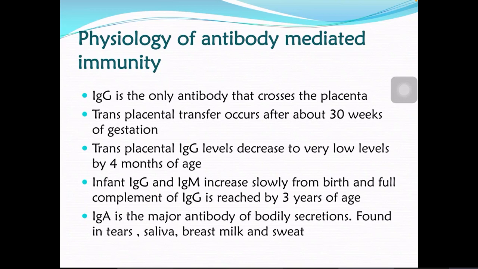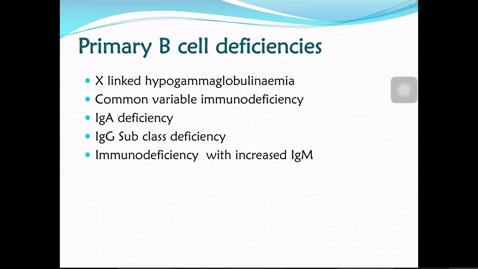Then, of course, we also have IgA, which is the major antibody in bodily secretions, and that is found in tears, saliva, breast milk, and sweat. So, we will now move to the primary B cell deficiencies, and I've listed 5 of them.